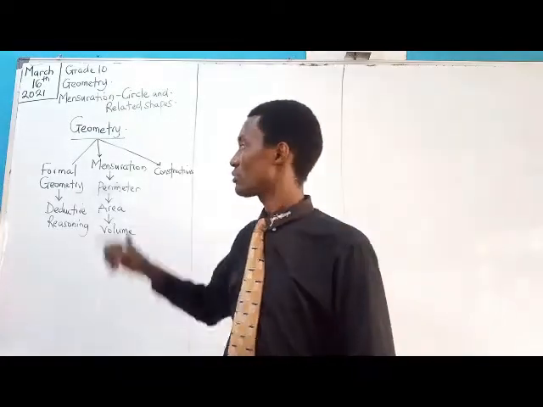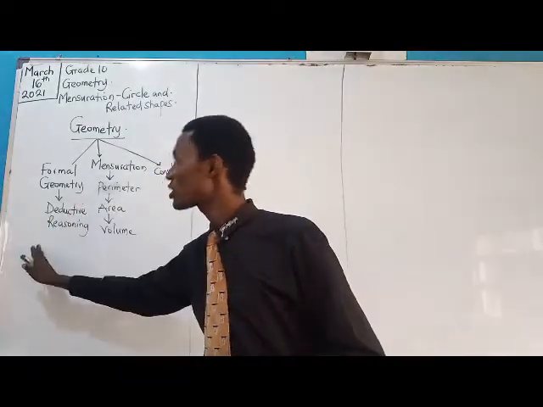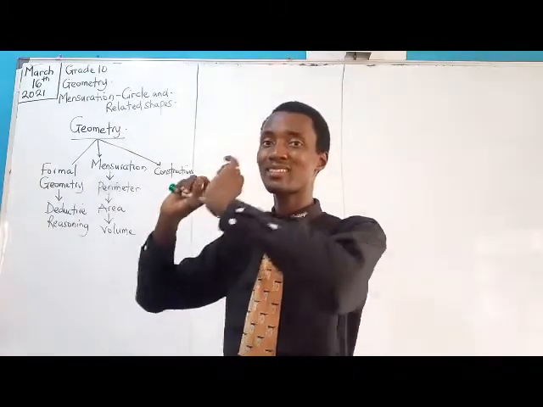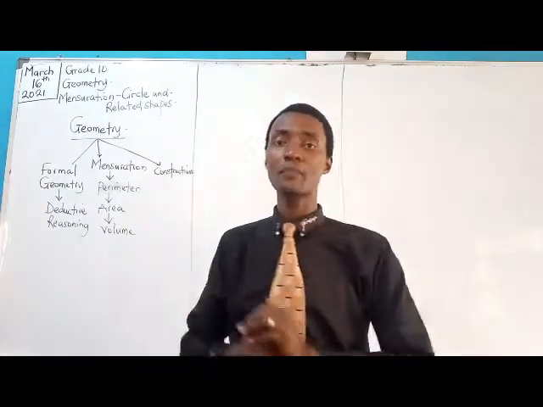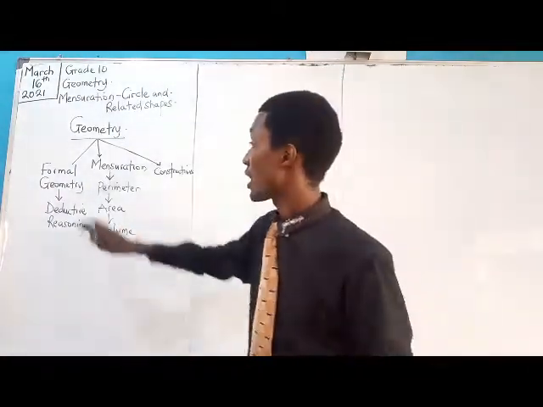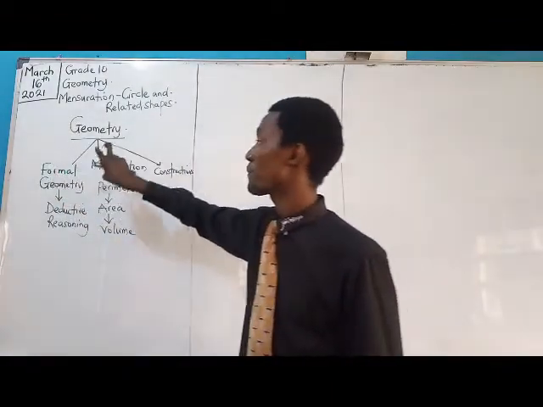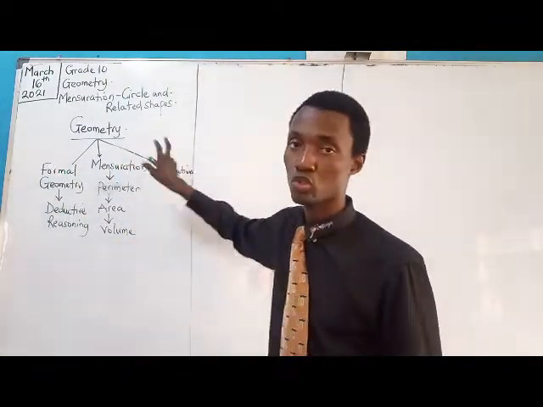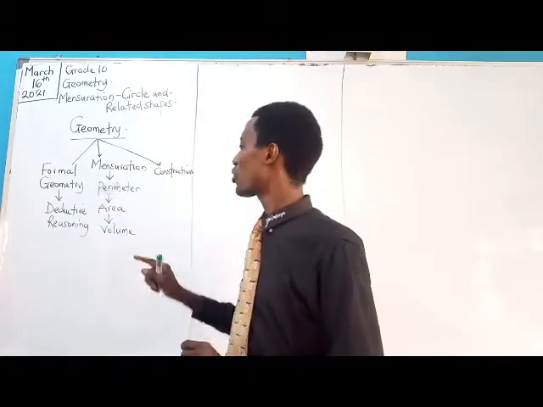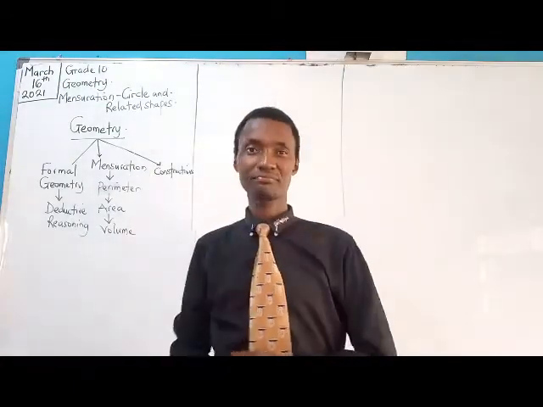True, but trigonometry for me, I will treat more under formal geometry. But as three broad areas I will consider when looking at geometry, I will look at formal geometry, mensuration, and construction. So today, we're focusing on mensuration.